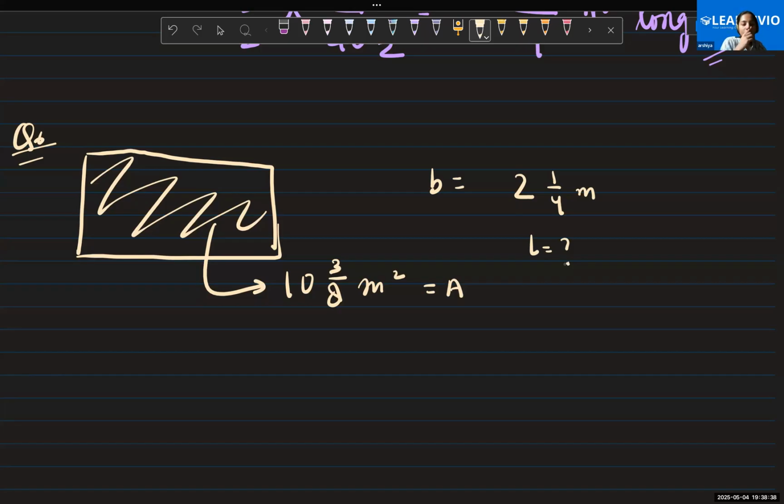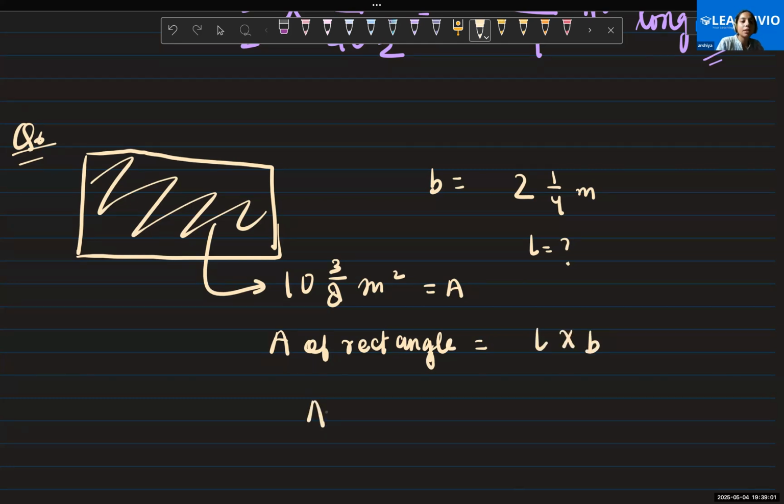So what is the formula for area of rectangle? Wait, I remember. Height into breadth. There's no height. Just one thing is incorrect. Length into breadth. Yes. So length times breadth.